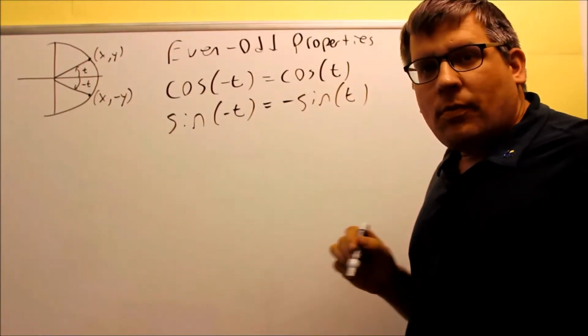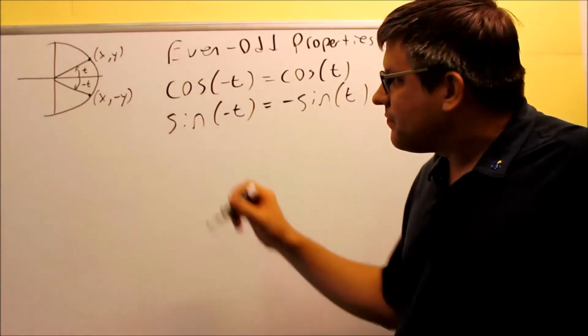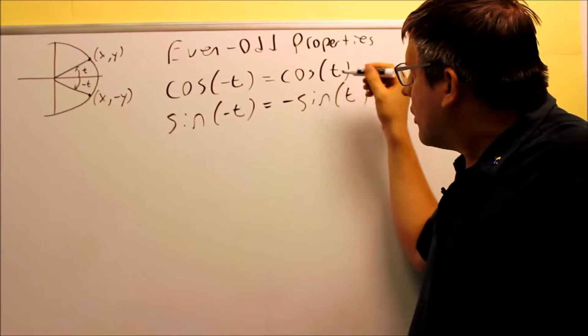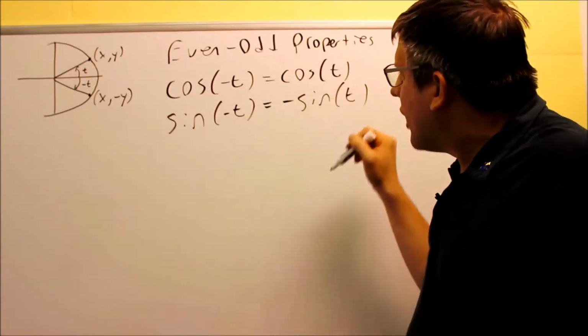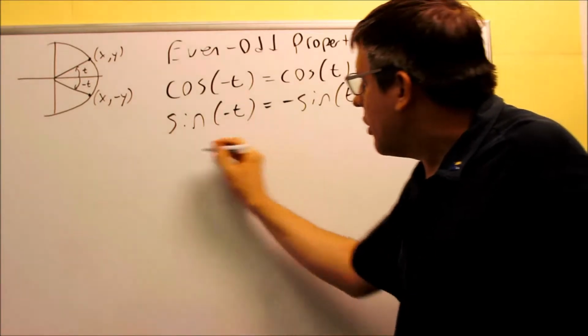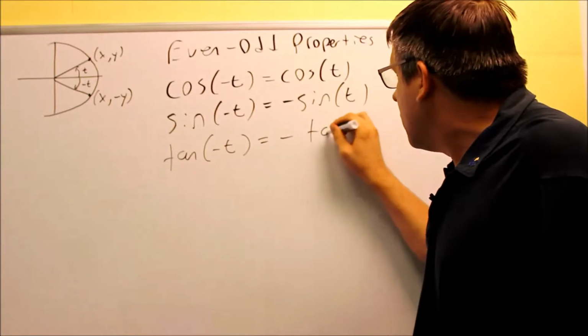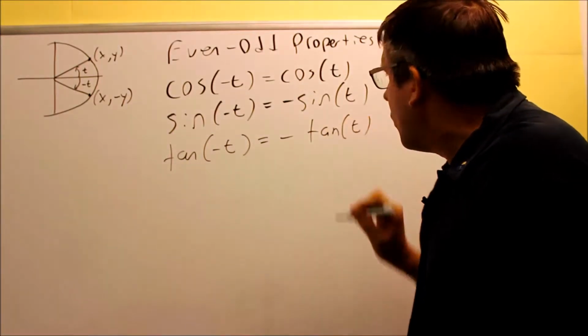If I look at the tangent, tangent involves the y value over the x value, or I can consider that as sine over cosine. So if I divide these two, I would also get a negative in there as well. So tangent negative t would be equal to negative tan t. This would be the next formula that we would have.